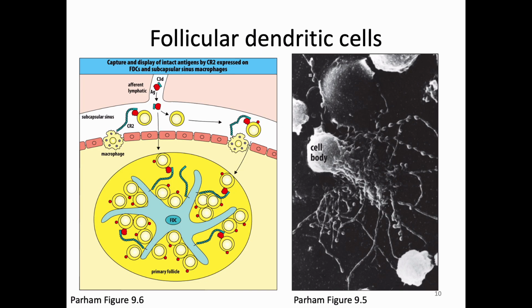Here is another example of a follicular dendritic cell. You can see that kind of structure, so it has lots of surface area. And it has all sorts of receptors. It might have a complement receptor. So here, you can see complement receptor here. It might have Fc receptors. It just has so many receptors that it sticks to everything.